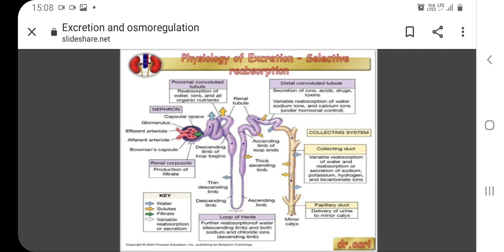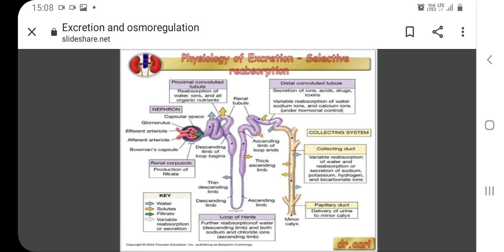In the thin part of the ascending loop of Henle, sodium ion and chloride ion diffuse into the interstitial fluid.